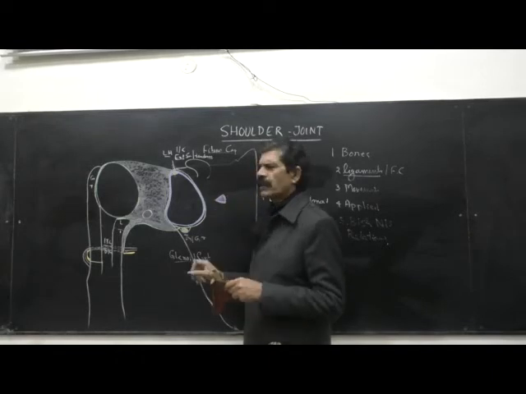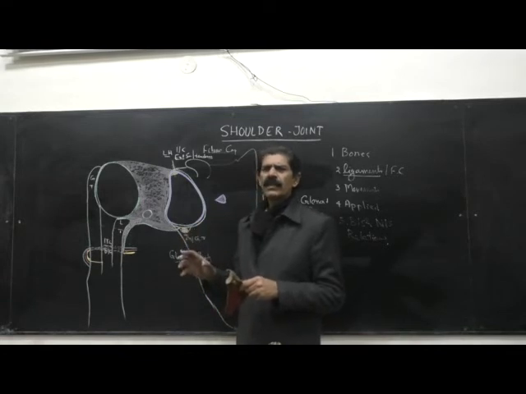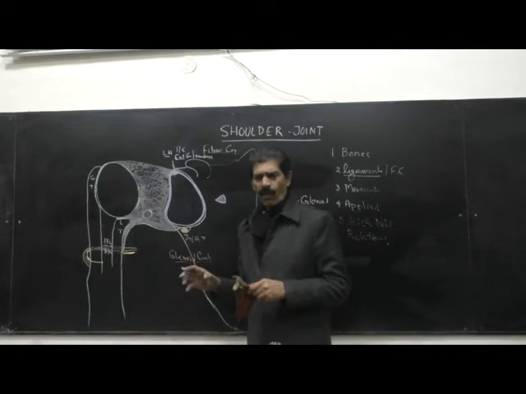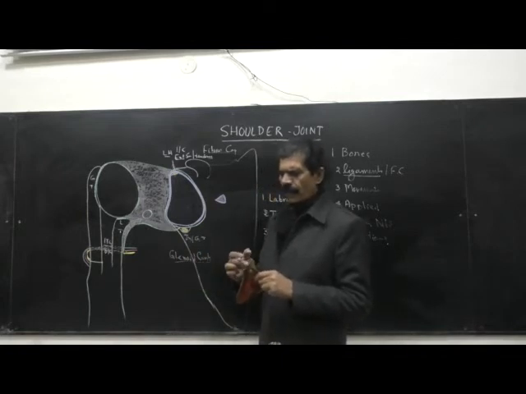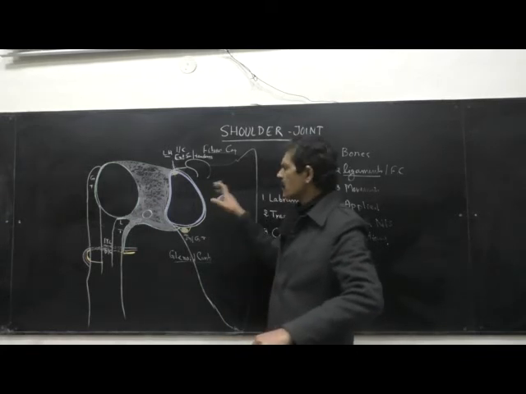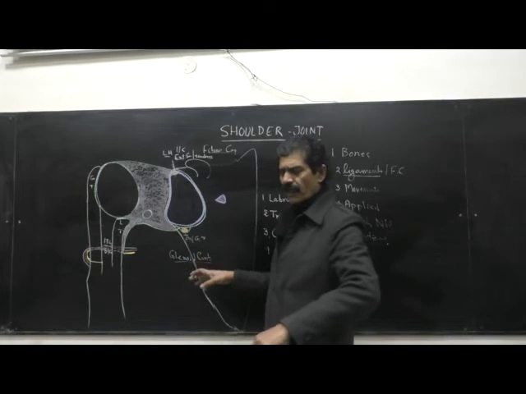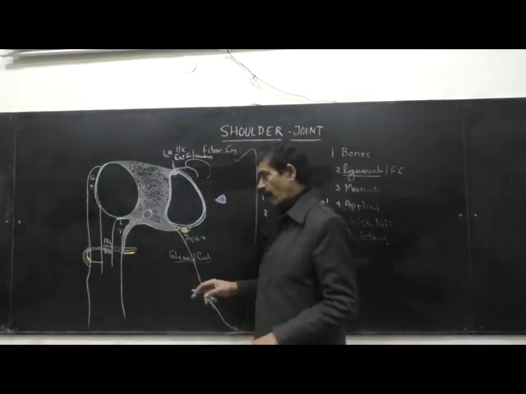And it makes the glenoid cavity much deeper. So it deepens it. So the thick part is attached to the periphery, while the thin central part of the fibrocartilage, that is labrum, is centrally placed. So that is the position and cut section, the triangular part of it.